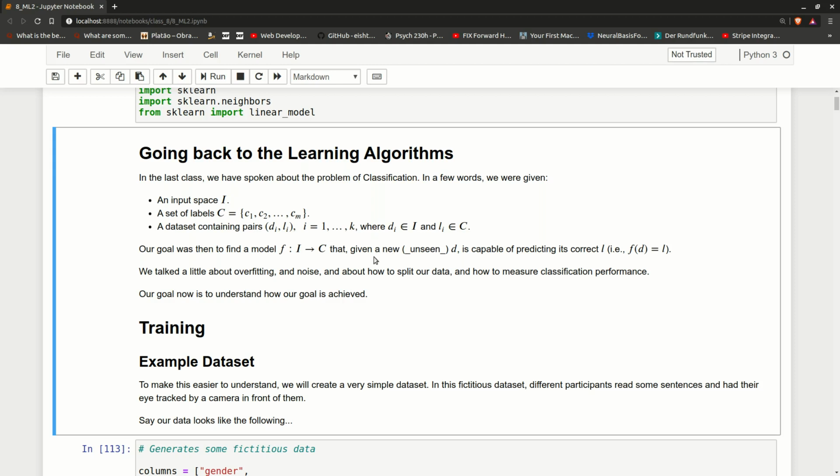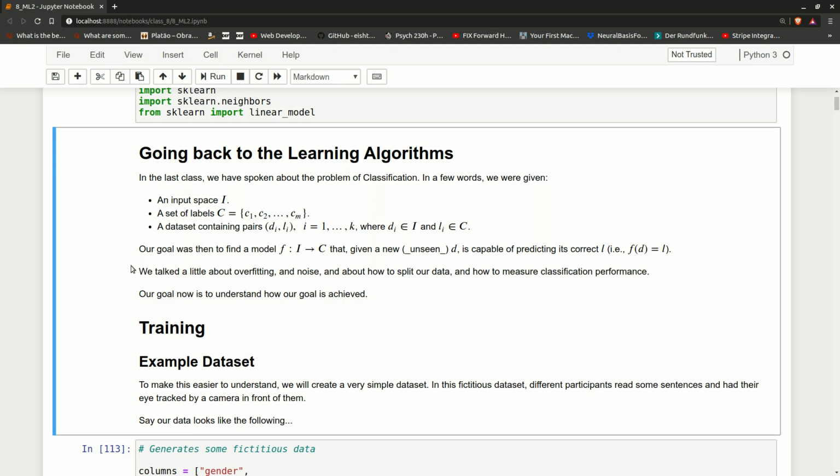Okay, now the problem is that the way we did this was with nearest neighbors classification, the nearest neighbors algorithm. And this algorithm doesn't really learn anything. Generally what we would expect is that the algorithm would take the training data, learn some patterns, do some calculations, and extract some information from the data.